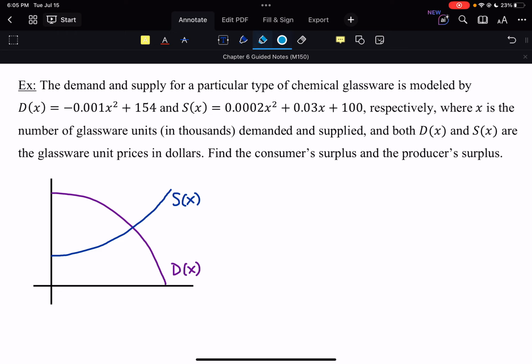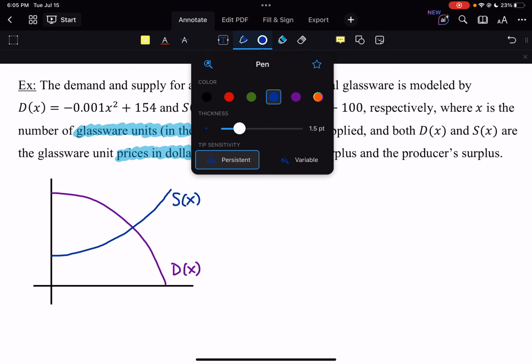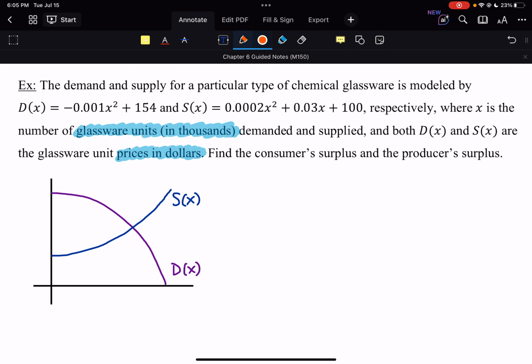Okay, so we've got glassware units in thousands, and we've got prices in dollars. Find the consumer surplus and the producer surplus. So it's basically the same as the previous problem. We just have different functions.